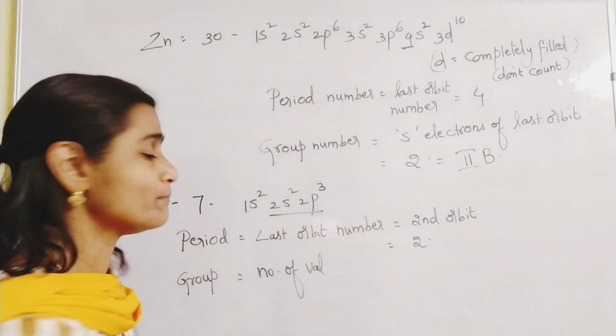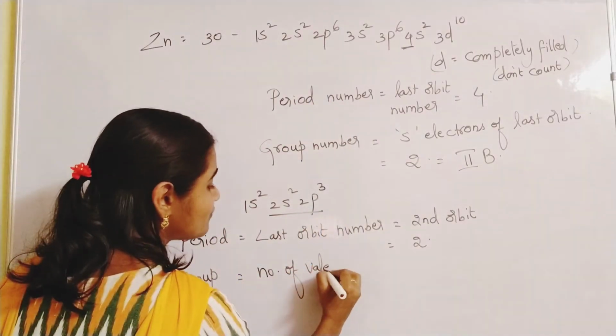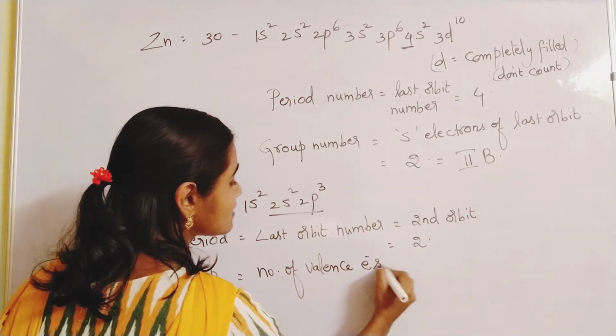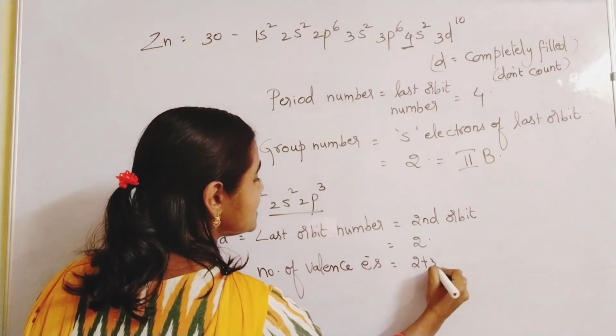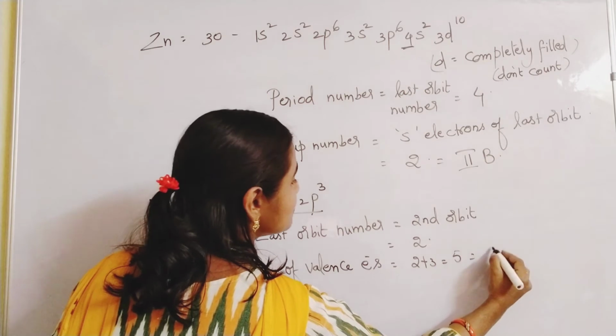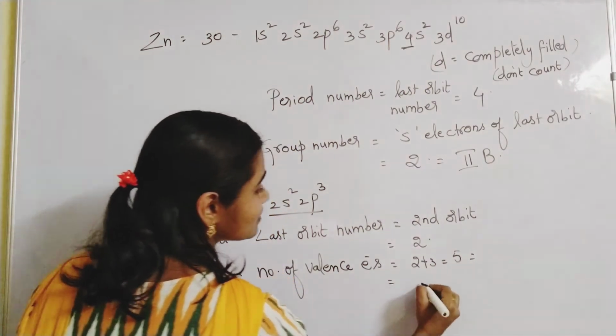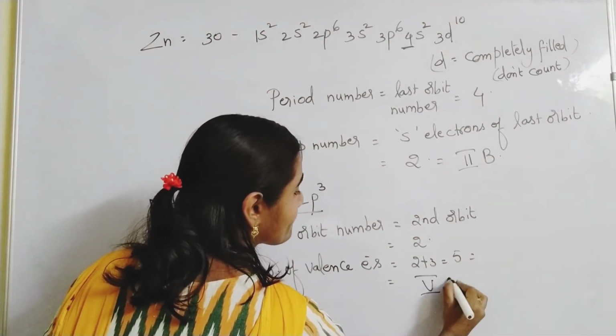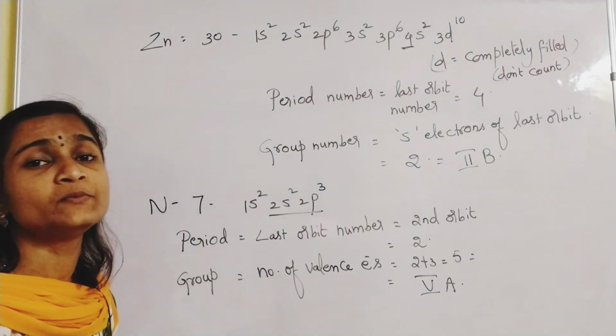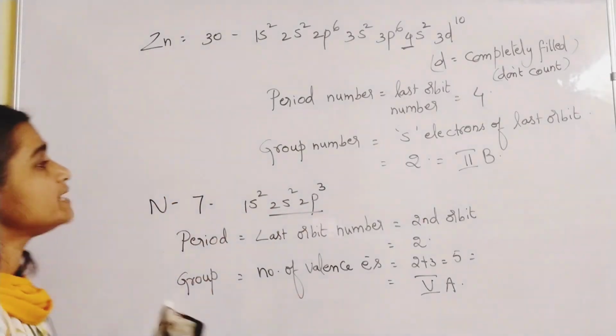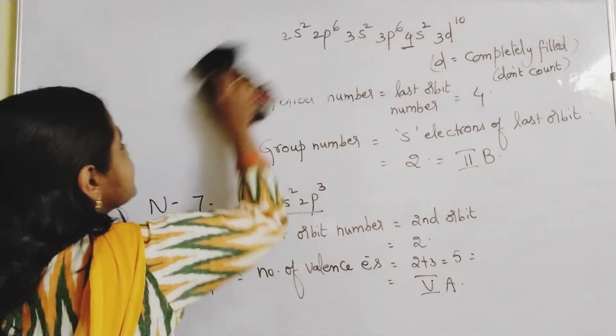Number of valence electrons: 2 plus 3, 5. So group number is 5th A group. Nitrogen is in 5th A group. Same like that, you can take any example.